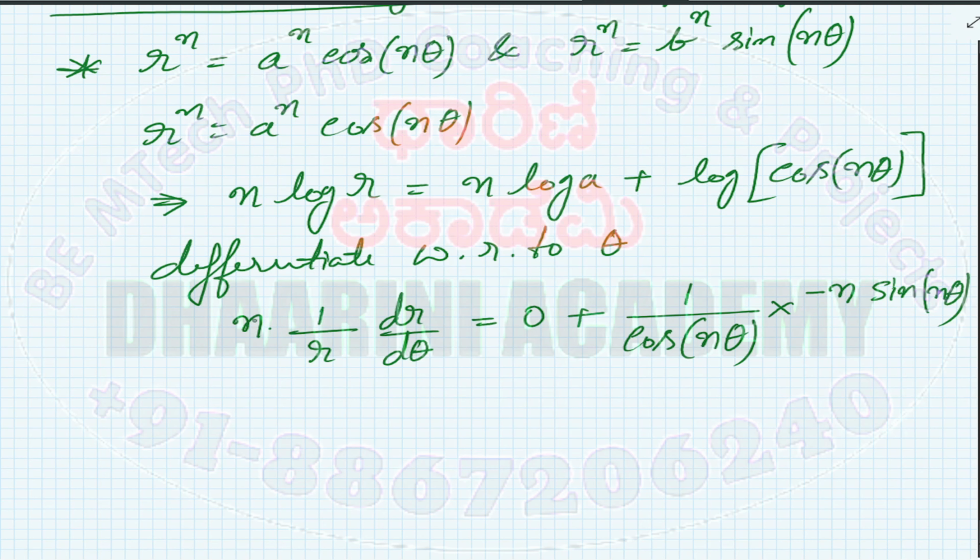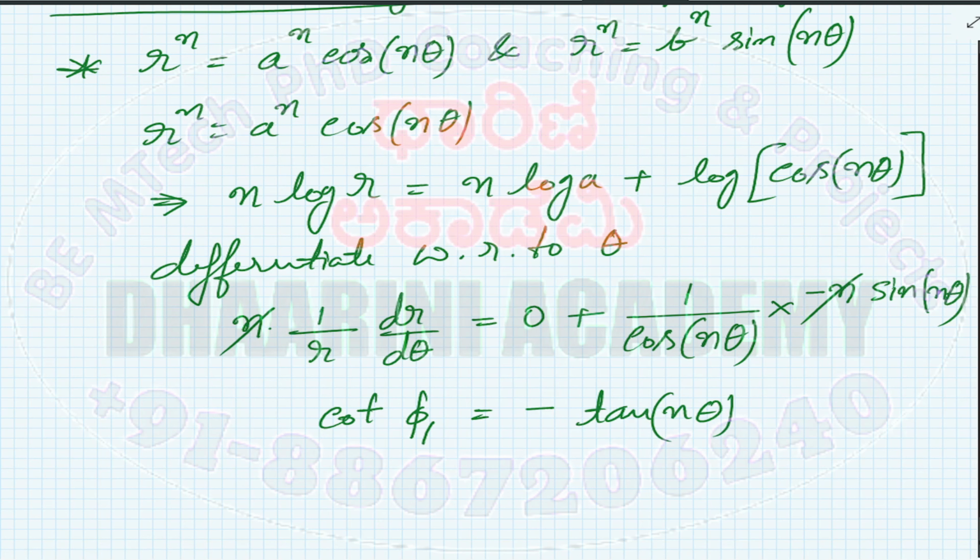Everywhere I have n which is common, I'll cancel that. Then 1 by r dr by d theta is nothing but cot of phi. For the first curve I denote it as phi 1. Cot phi 1 is equal to minus sine by cos, which is minus tan.